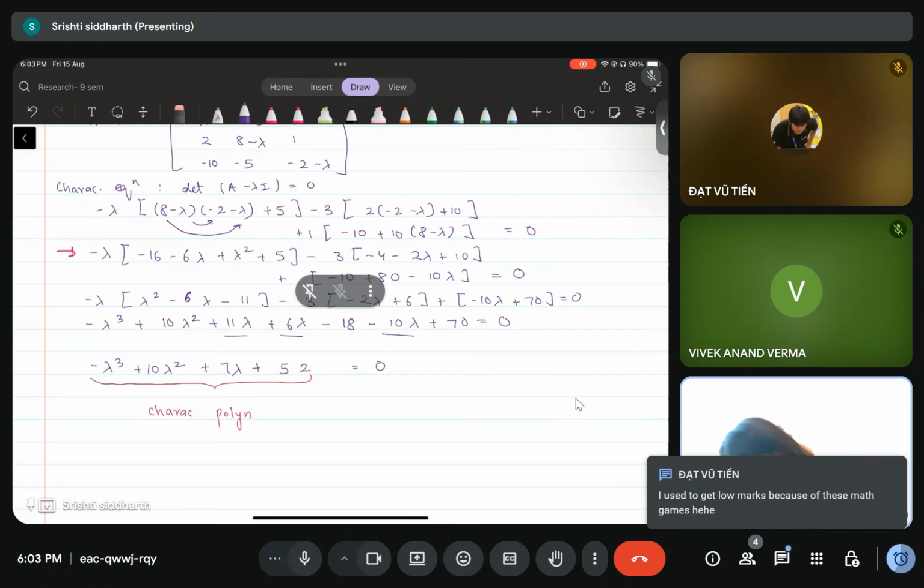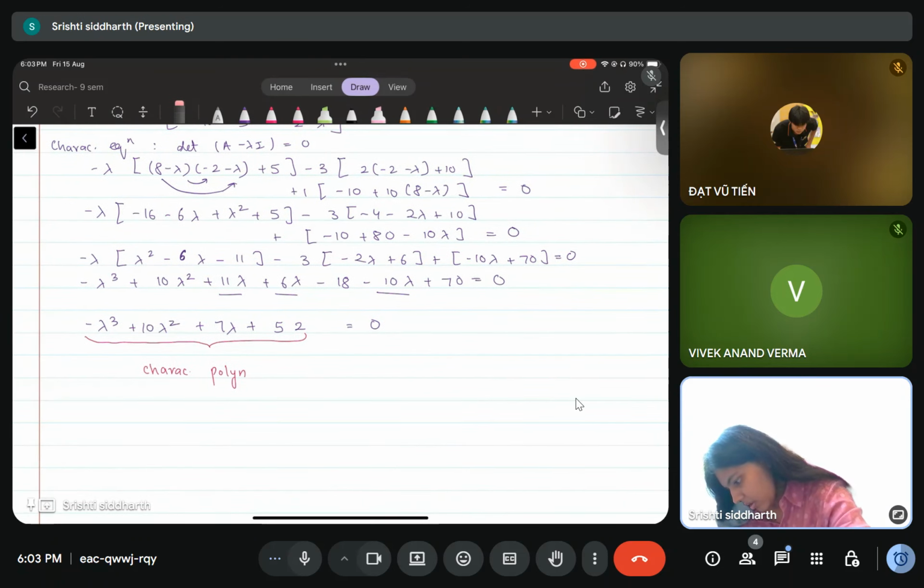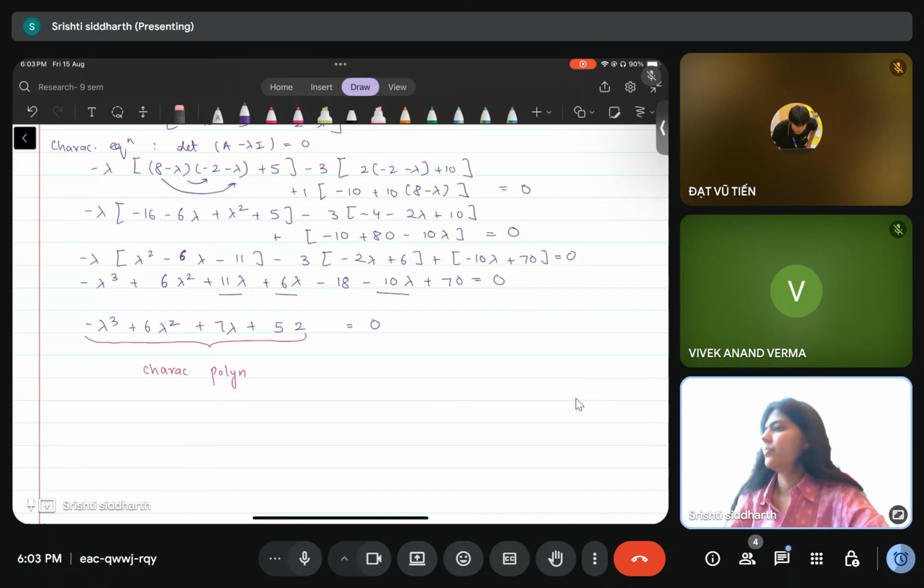Just let me know if there are any more corrections. This becomes plus 6 lambda square. So this is minus lambda cube plus 6 lambda square plus 7 lambda plus 52.